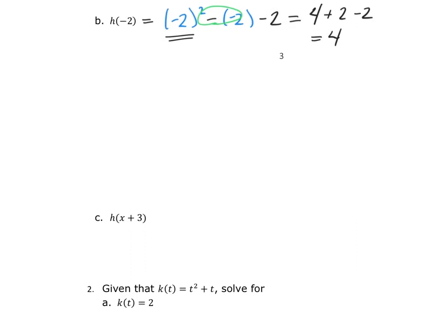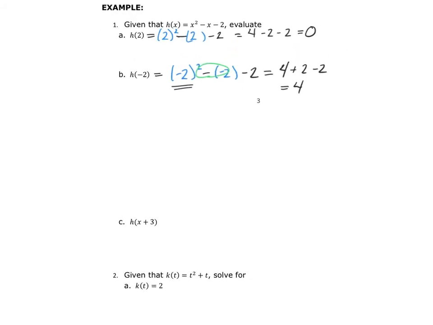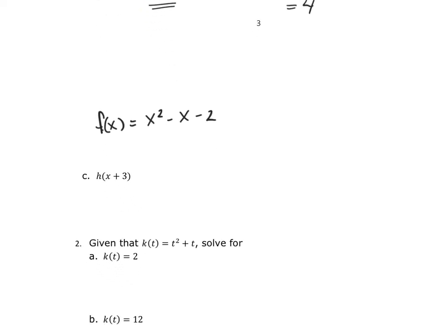Okay, now let's take a look at C. With C, I'm going to substitute wherever I see x. I'm going to substitute x plus 3 now. So remember my function was, I'm just going to rewrite it right here. My function was f of x is equal to x squared minus x minus 2. So wherever I see, that should be h of x.